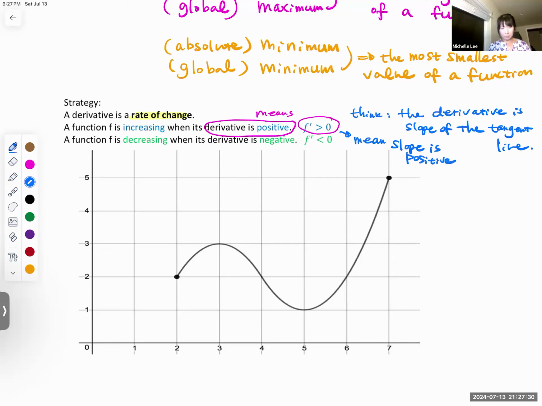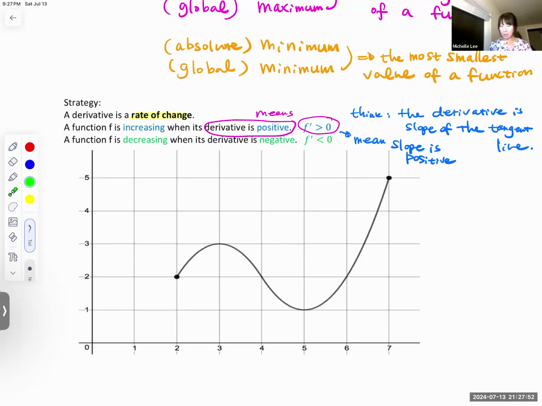Right? Okay, now we say that the function is decreasing when its derivative is negative. And then we denote f prime is less than 0, right? Less than 0 means negative.